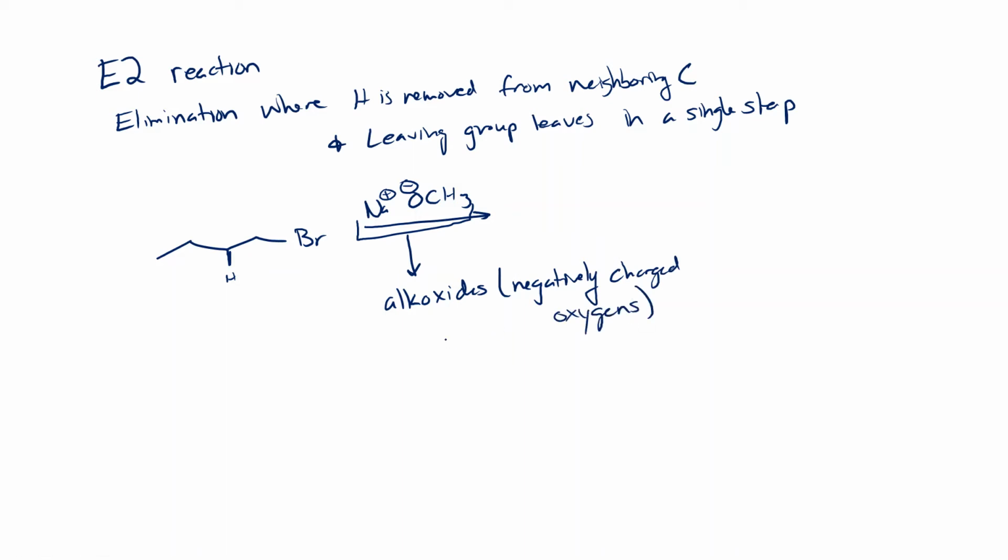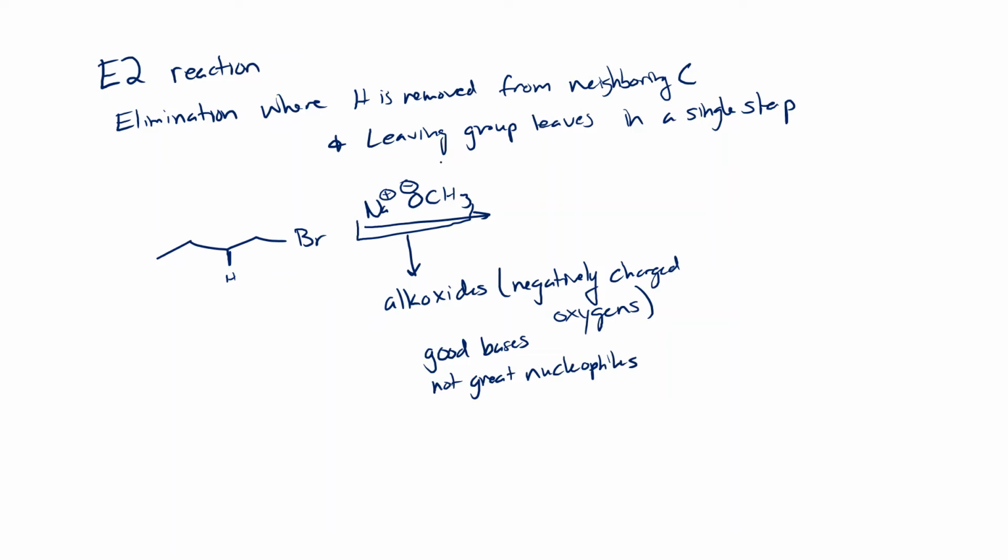And alkoxides in general are good bases and not great nucleophiles, right? We talked before about how oxygen is a very poor nucleophile when it's neutral. It turns out that even when it's negative, it kind of prefers to do Bronsted-Lowry acid-base reactions.